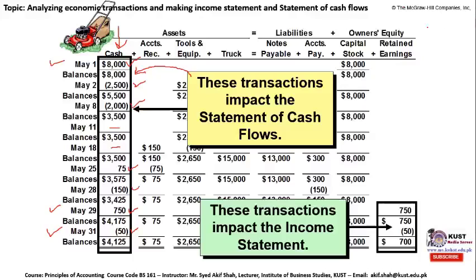However, looking at the right hand side where the retained earnings column is mentioned, this column is actually helping you make an income statement, which is the second financial statement and really very important. So these transactions impact the income statements. Let's check out how to make an income statement and cash flow statement with the help of different economic transactions.